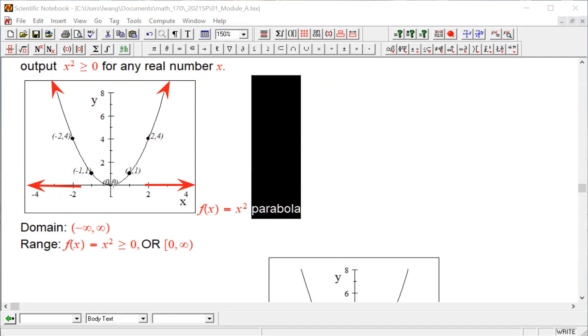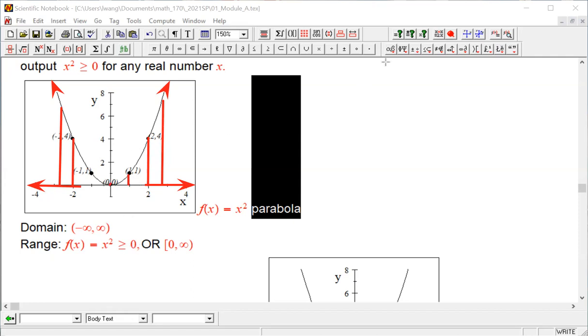You can see all of these outputs. The lowest one is 0, and all of these outputs are positive. They're above the x-axis. That's what it means that the output is greater than or equal to 0, and the lowest point is 0.